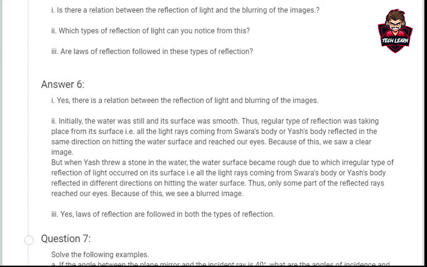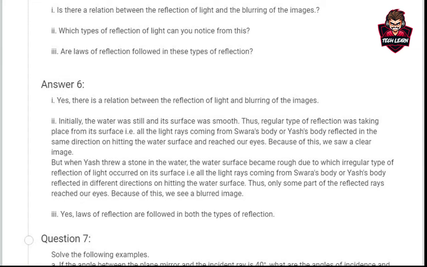Thus regular type of reflection was taking place from its surface. All the light rays coming from Swara's body or Yash's body are reflected in the same direction on hitting the water surface and reach our eyes. Because of this, we saw a clear image.